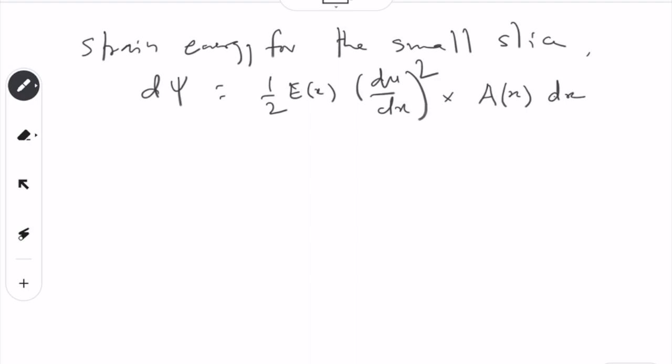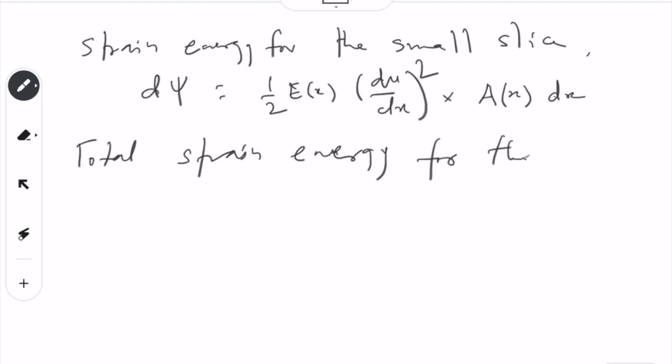Similarly, you can write the total strain energy for the bar, psi, equal to this.